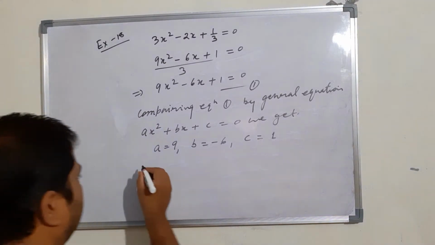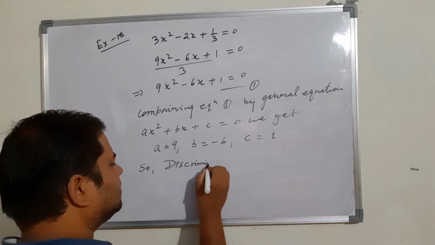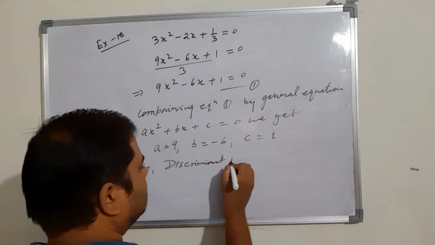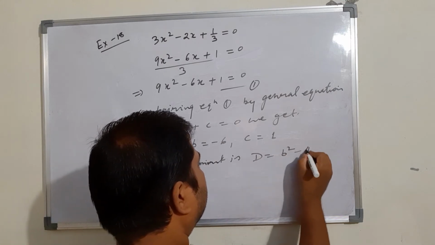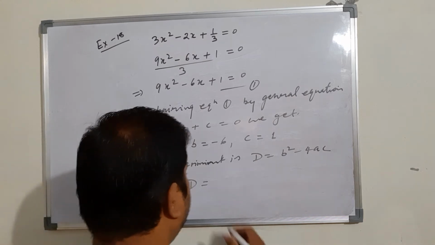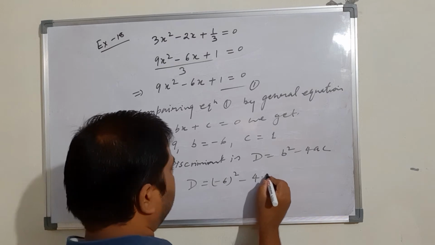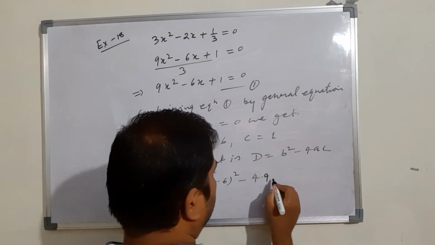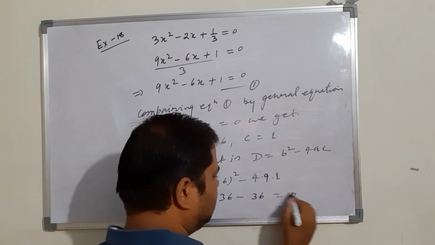So discriminant D is equal to b square minus 4ac. So D is equal to minus 6 whole square minus 4 into 9 into 1. So you have to see here 36 minus 36 is equal to 0.